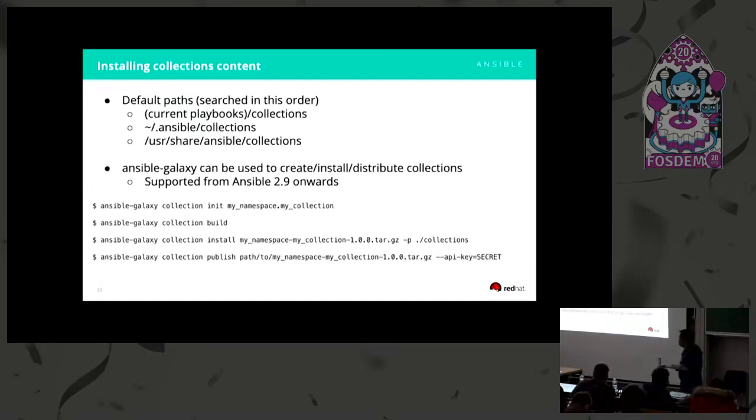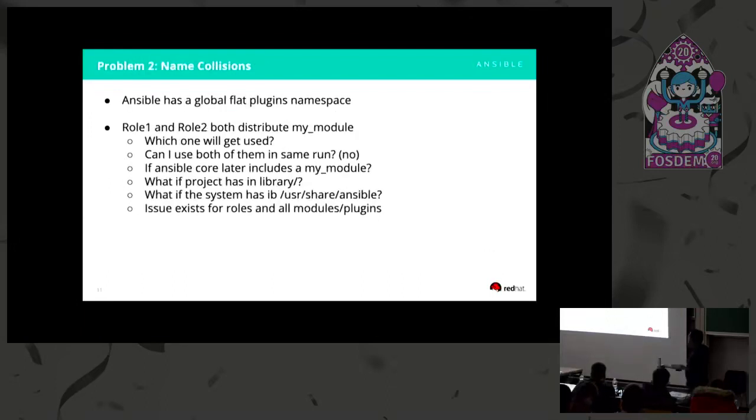Then the collection build command compiles the collection and generates the tarball under the collections folder. If you want to distribute the content through Galaxy, you can publish the tarball in Galaxy under your namespace. So this is about distribution of content with Ansible.